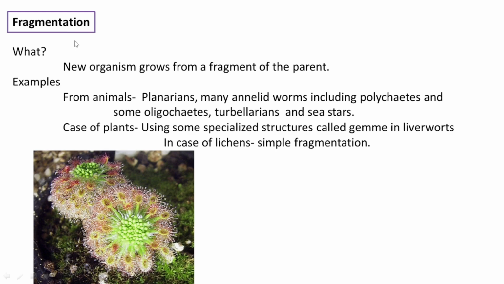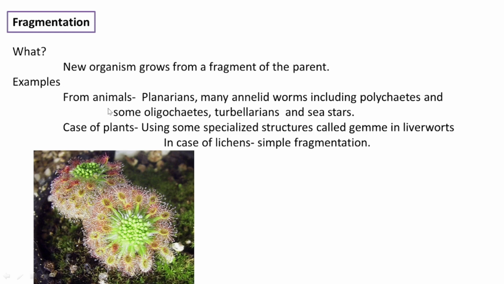Next is fragmentation. What is fragmentation? Fragmentation means, as it implies, new organisms usually develop from fragments of the parent. Whenever the parent gets fragmented, each fragment can develop into a new individual, a new organism.